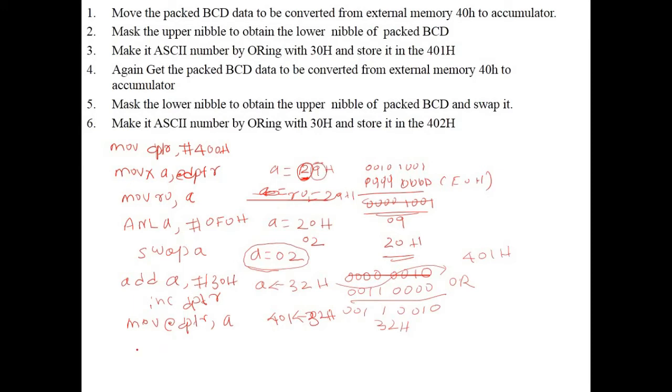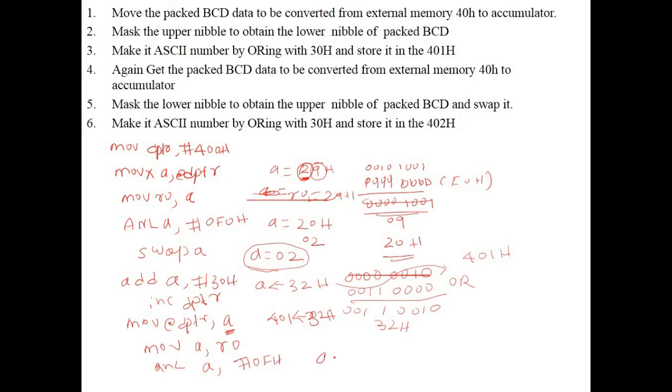Okay. Next the same thing we need to do for the lower nibble. So for that again we will access our original number into the accumulator. The data is present in R0, so we will access that with MOV A comma R0. Okay. Next we will ANL A comma #0FH.